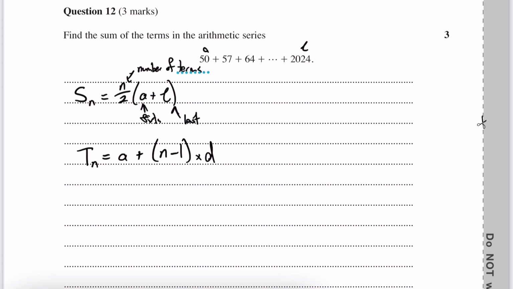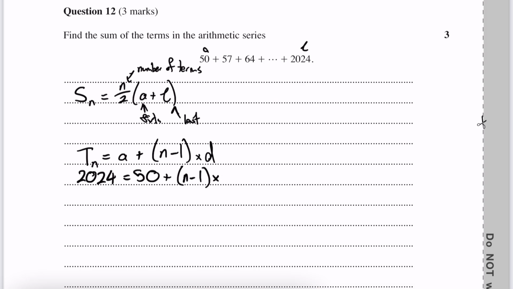What we need to see is that we want the total number of terms, which essentially means, what is n for the last term? So if the last term is 2024, we know that a is 50. We want to find n for the term that is 2024, because that will indicate the number of terms within this arithmetic series.